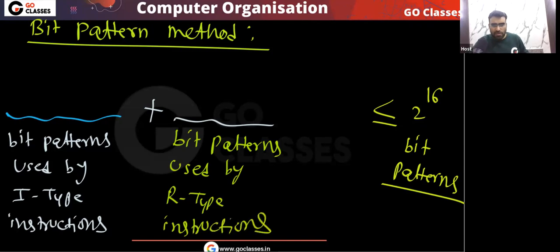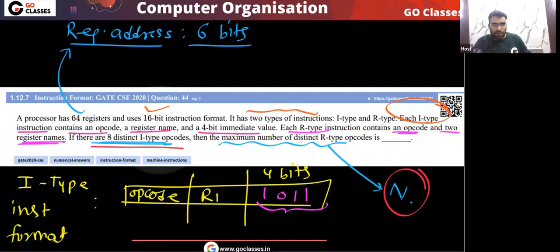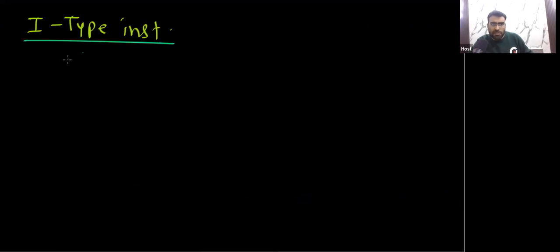Okay, very simple. Let's look at a particular I type instruction.